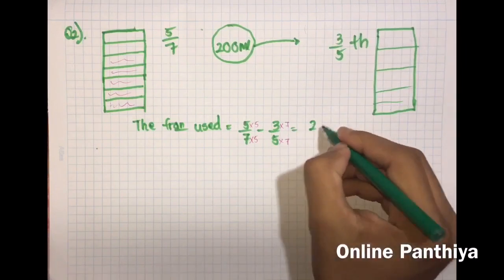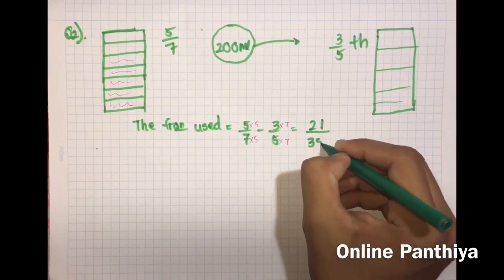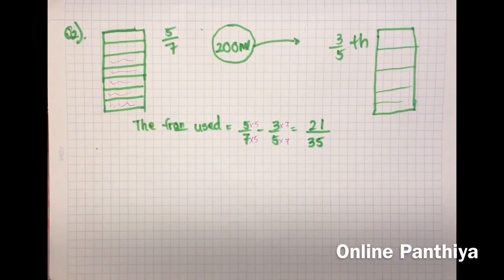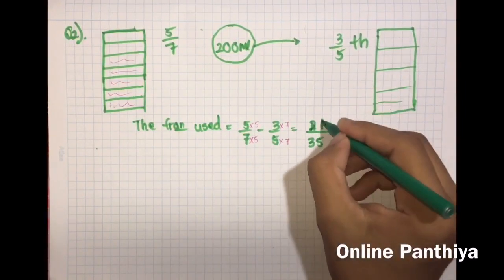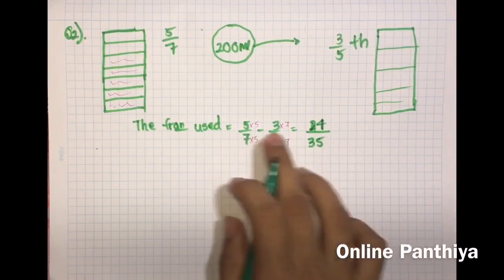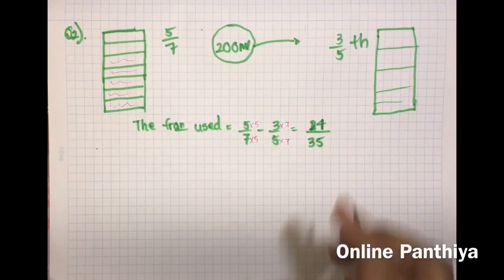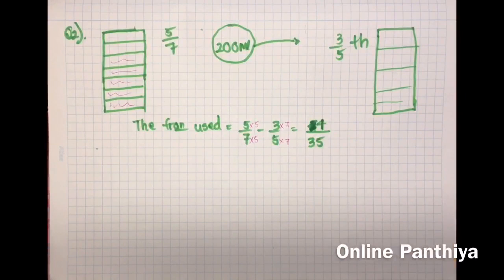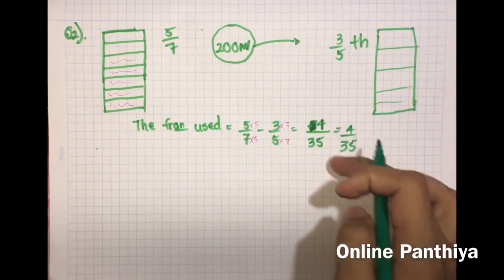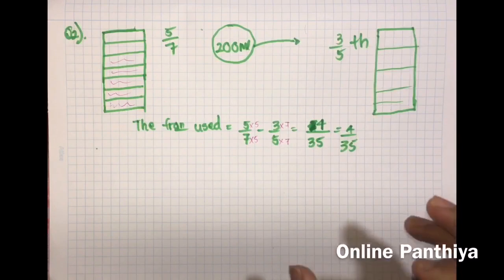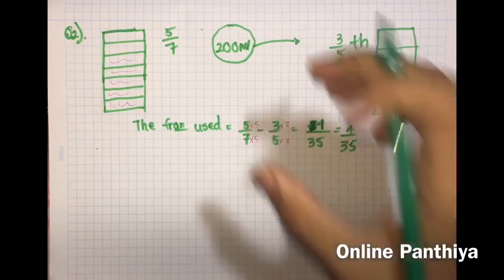Sorry, it should be 4, right? 25 minus 21, that is going to give you 4 over 35. Now this 4 over 35 is the amount consumed in fraction form.